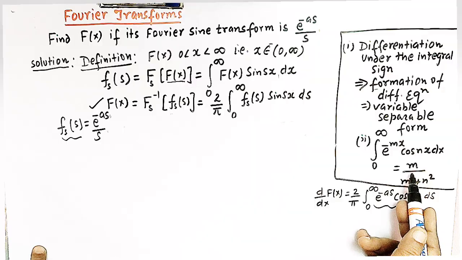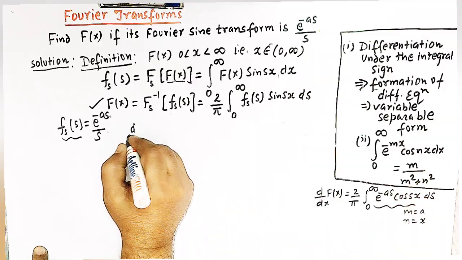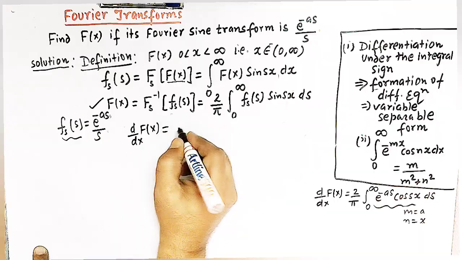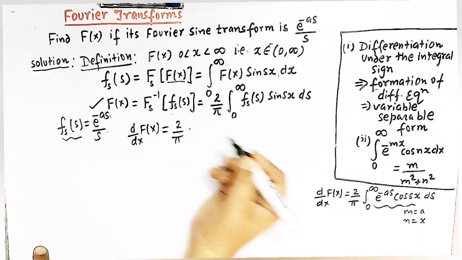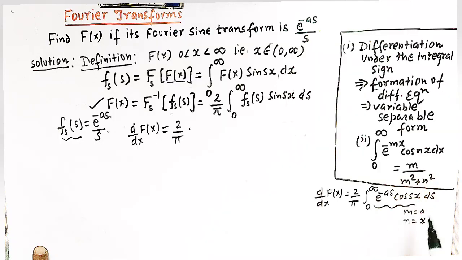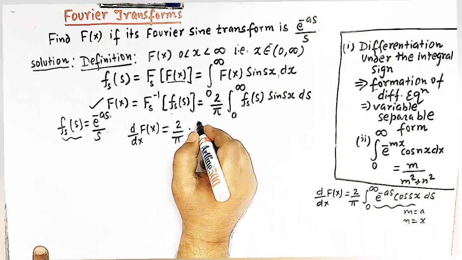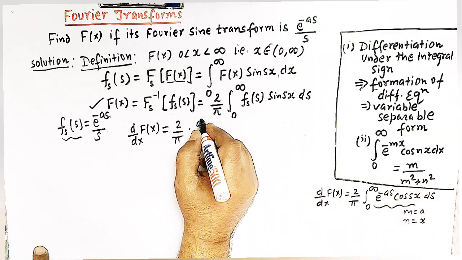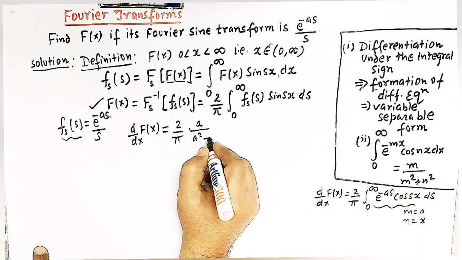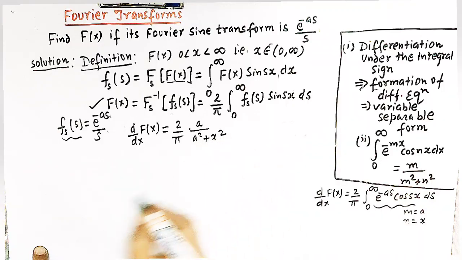So now using this result, we can now write d by dx of f of x, and here we have 2 over pi, and here we have m divided by m square plus n square, so m is a. So we have here a divided by, here we have a square plus x square, right?